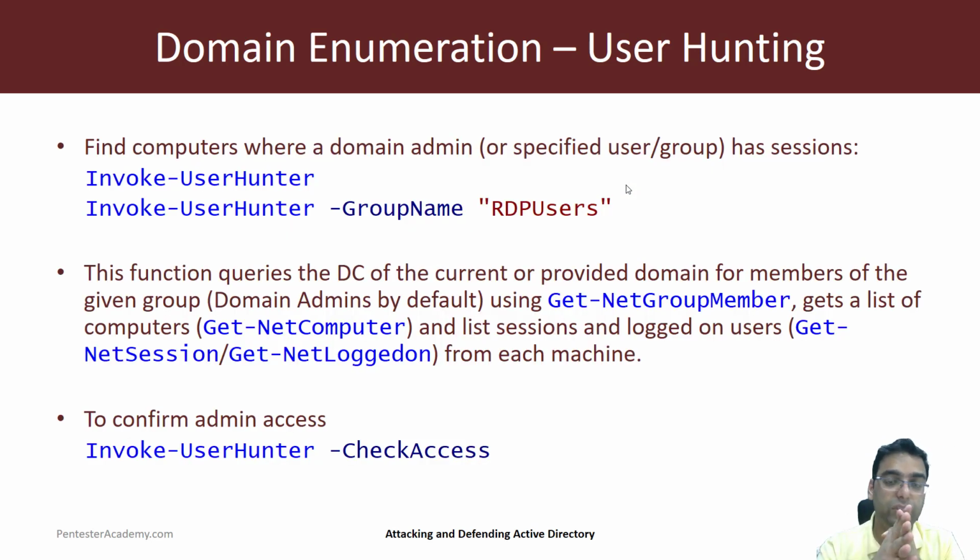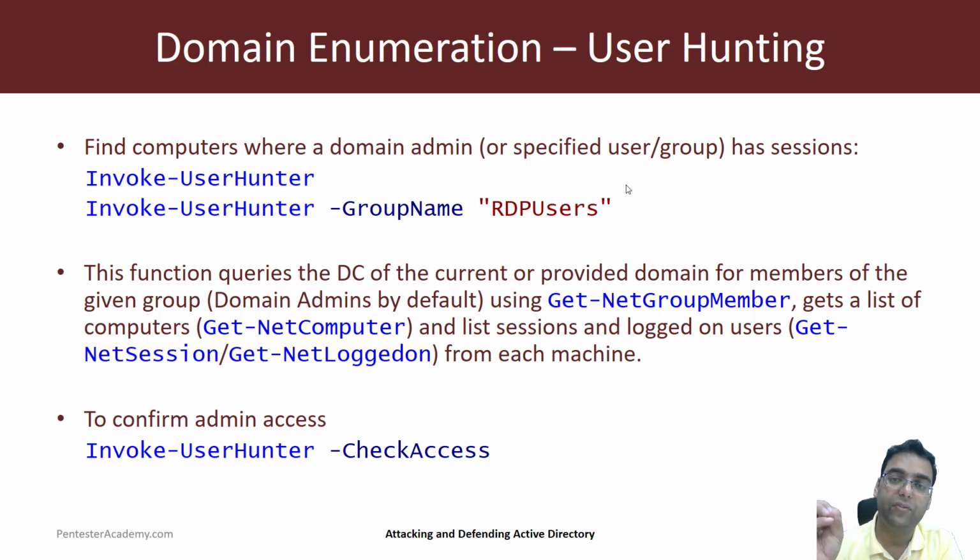Moving ahead with our user hunting part, what's the easiest way, or one of the easier ways, of escalating privileges to domain admin? One of the very popular and easy ways is to look for a machine where a domain admin token or credential is available or a session is available, and we have local admin privileges on that particular machine, right?